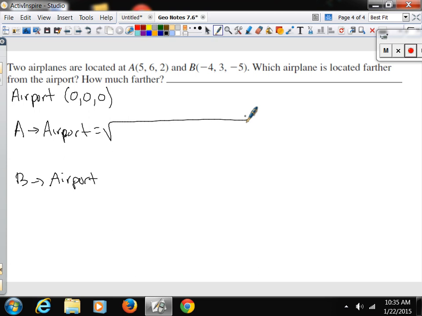Now I would use the airplanes as my x2, y2 and z2 point. The origin, I'd use the 0, 0, 0 as the x1, y1, and z1. So I would start with 5 minus 0. That just keeps everything positive. 5 minus 0 squared, 6 minus 0 squared, and z2 minus z1 would be 2 minus 0 squared.